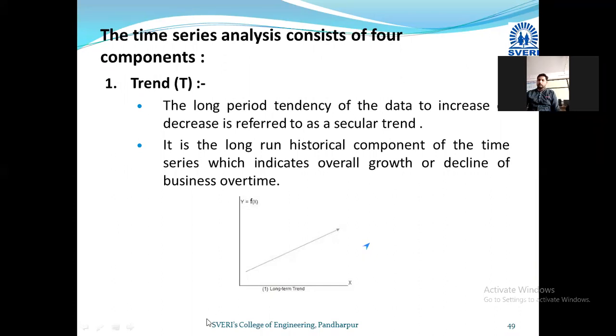Okay, so you can consider this y is a function of f of x. Okay, and you can draw this diagram, no issue.